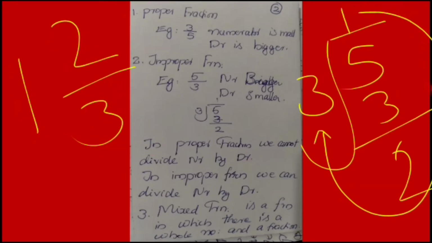How to write the answer? First you write 1 here, then 2 by 3. This is the quotient. Okay, next.